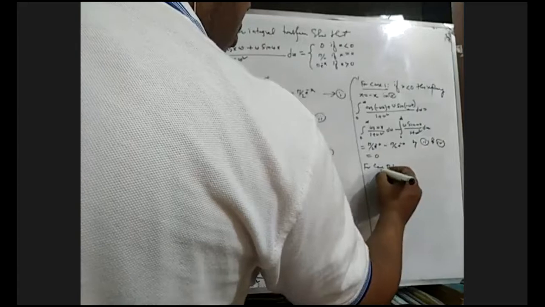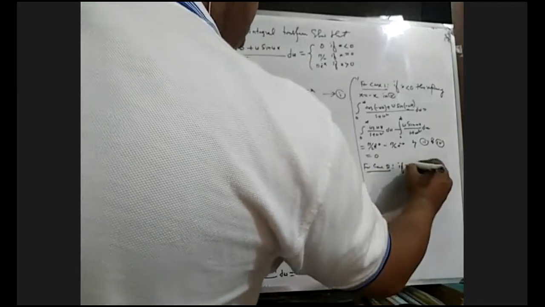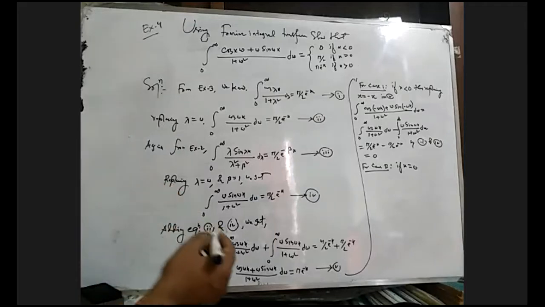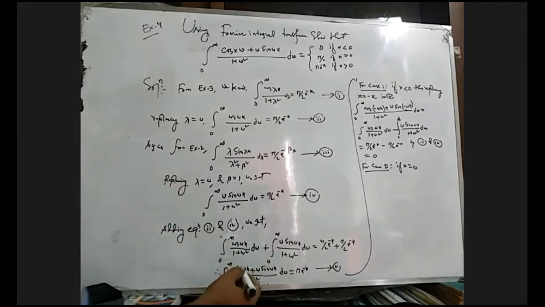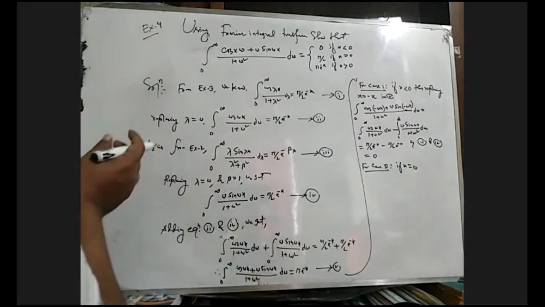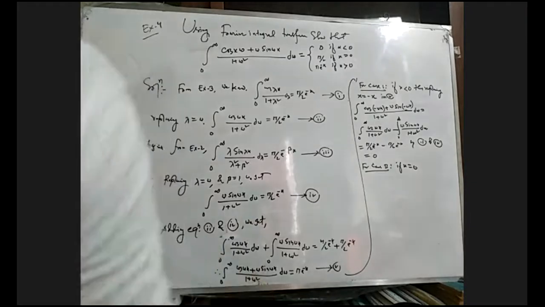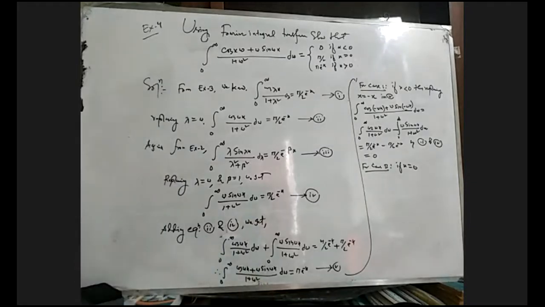Now for case 2, if x equals 0. From equation 5, cos 0 equals what? 1, and sine 0 will be 0. So we have 1 divided by 1 plus omega square.